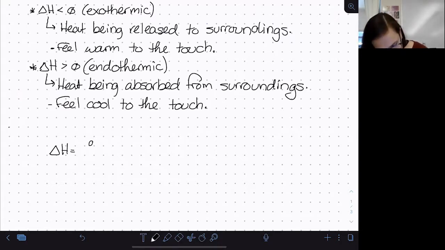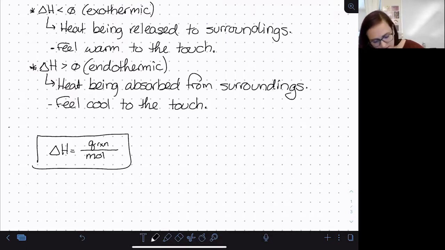So heat is just Q. So that's the amount of heat transferred by the reaction, divided by moles of reactant or moles of reaction, depending upon how we want to express it. Very occasionally, you'll see it as heat per gram.